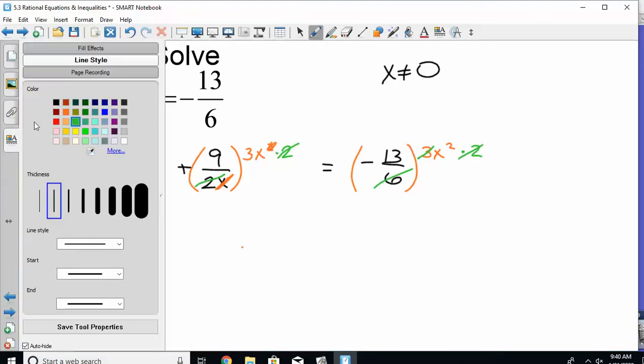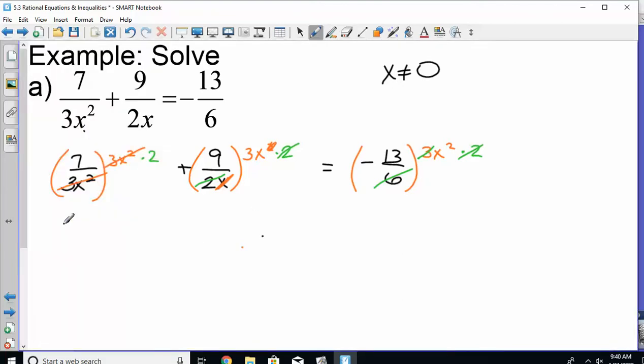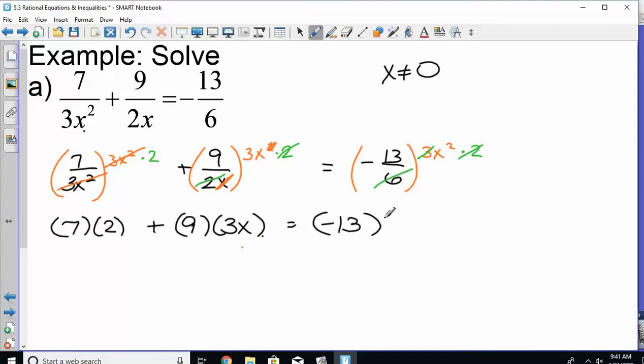So now we are left with, I have a 7 times a 2, a 9 times a 3x, and a negative 13 times an x squared. So 14 plus 27x equals negative 13x squared.